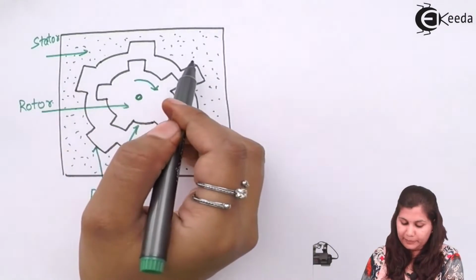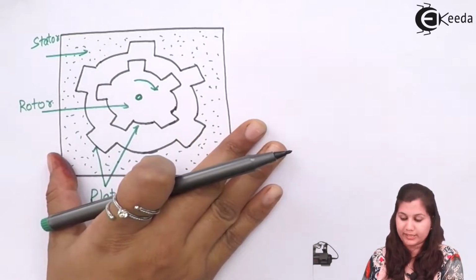The rotational displacement can be measured with the help of this type of arrangement.